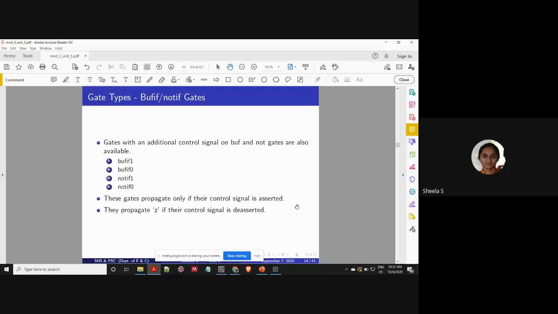So depending upon whether we are using logic high enable or logic low enable, we are going to consider bufif1 and bufif0. Similarly for NOT gate, notif1 and notif0. So like this we are going to consider.